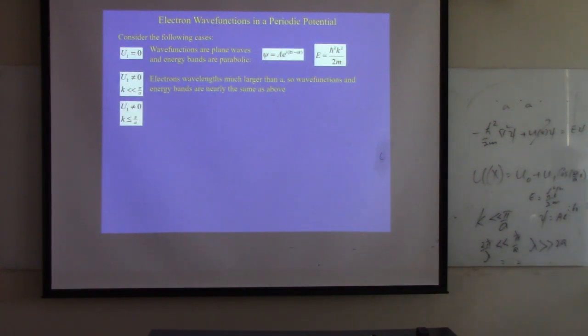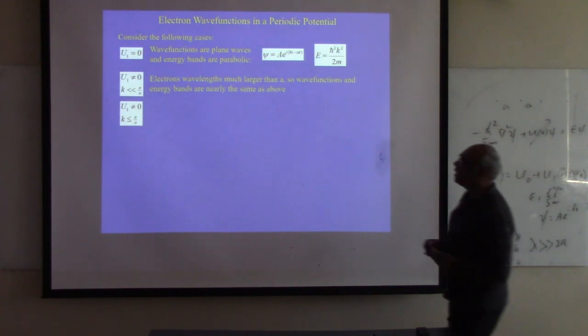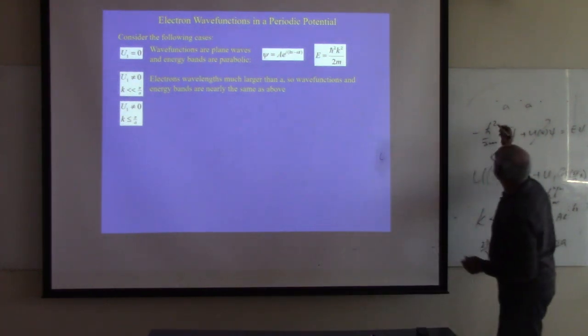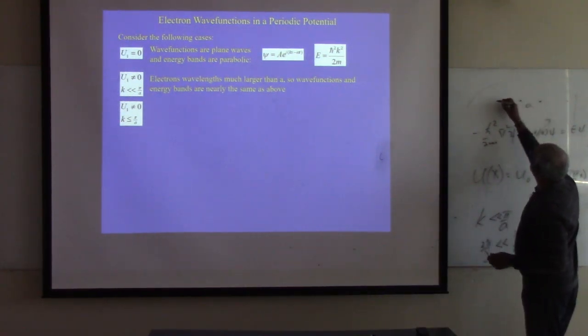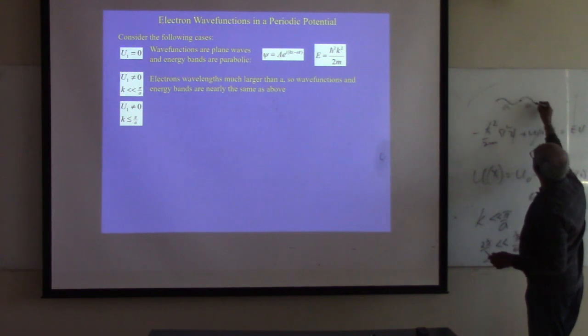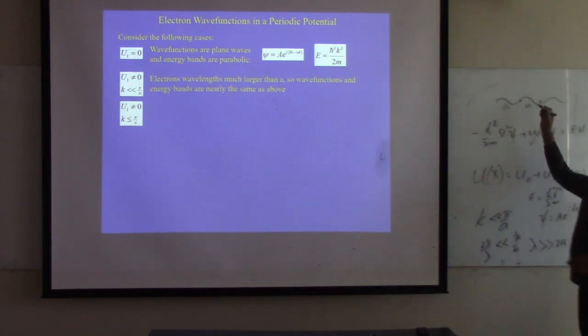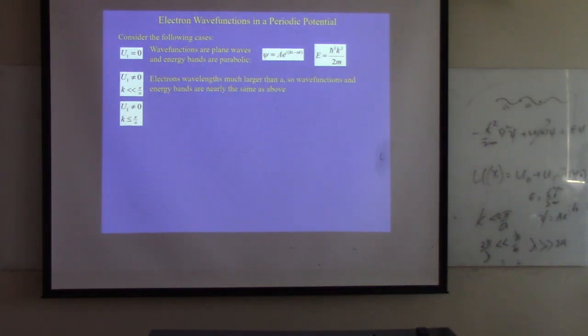But if k is not less than pi over a, in this case you will start seeing an effect, right? Because now your wavelengths can be something like this, so you have to be careful. If this is the case, what will happen? Actually, some of the waves can get scattered, right? Remember the Brillouin zones, all these waves can get reflected.